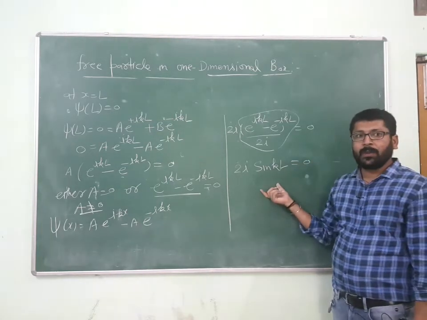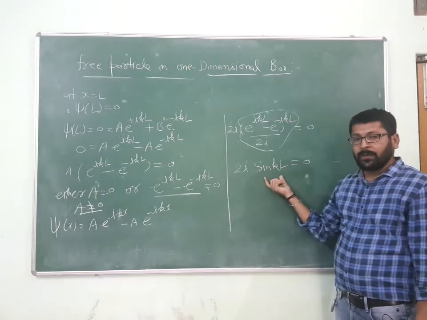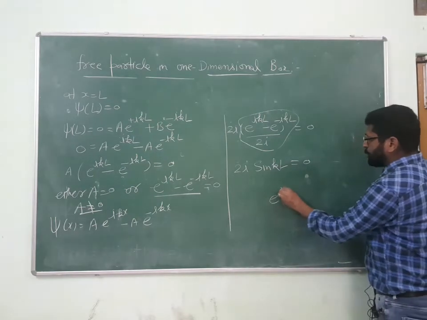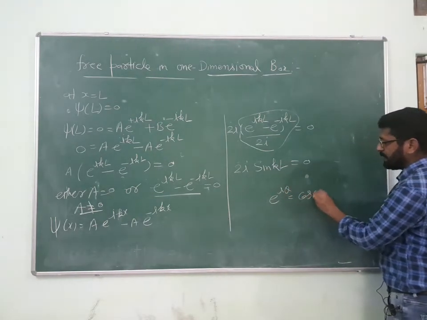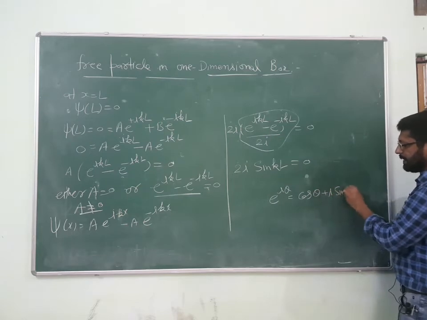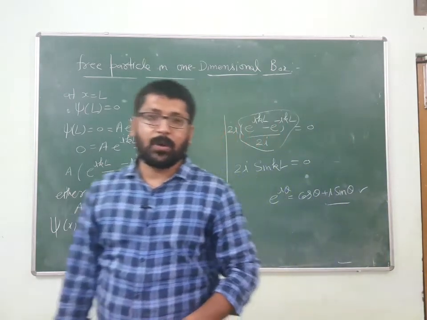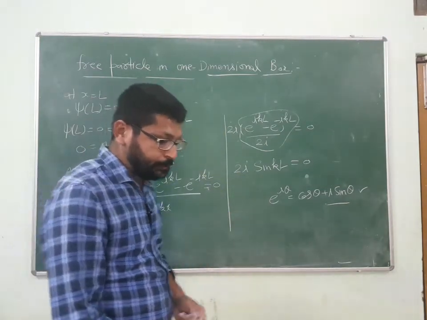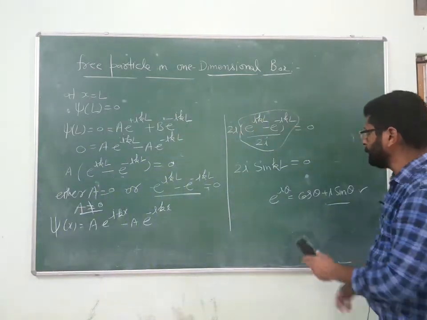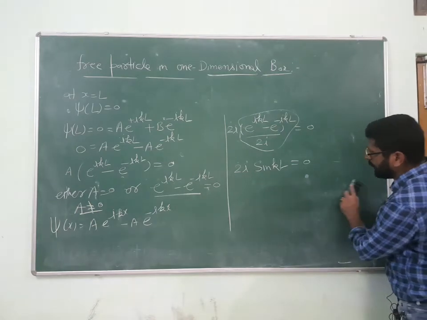From Euler's formula, which you remember, exponential iota theta is cos theta plus iota sin theta. Using this we can write this, and this is homework for you, you can cross check it. So this equation will become 0.